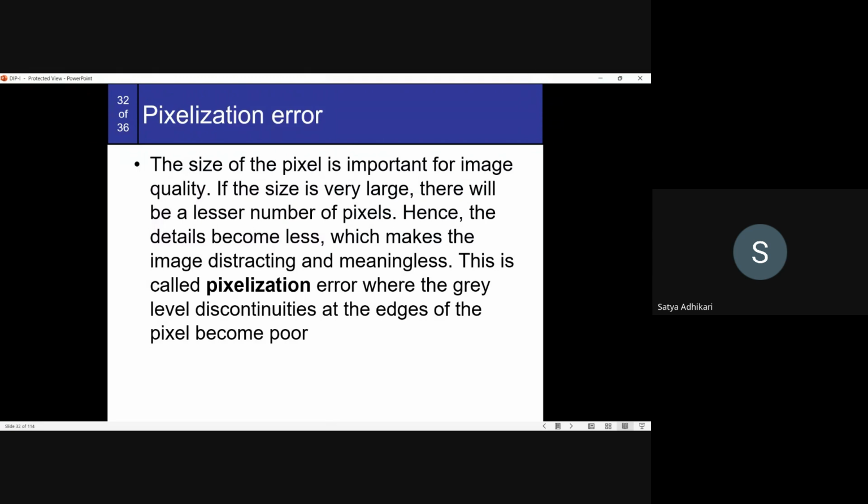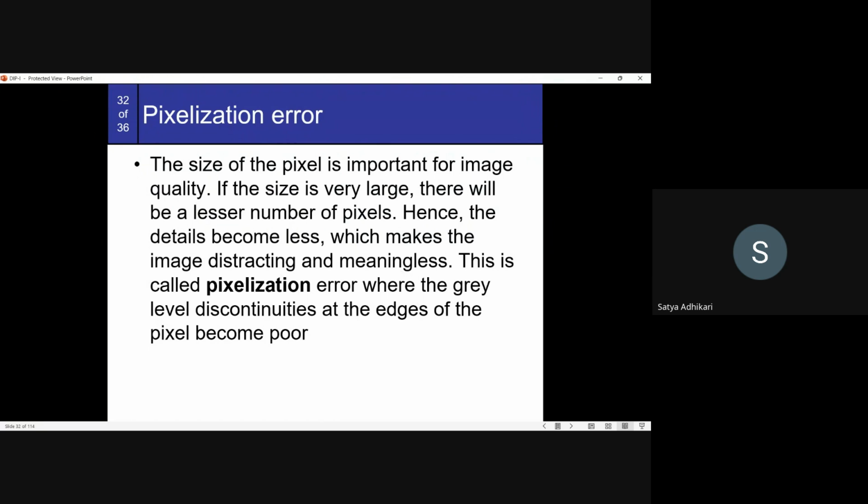If an image contains fewer pixels, it has less clarity, which makes the image distracting and meaningless. This is called pixelation error, where the gray level continuity at the edge of the pixel becomes poor. So if the pixel size is large, you will get this type of error.